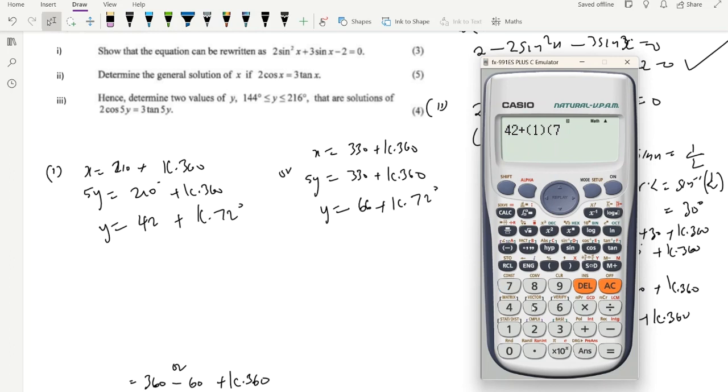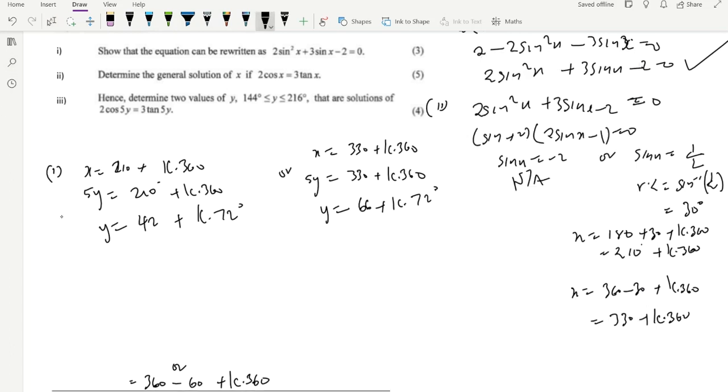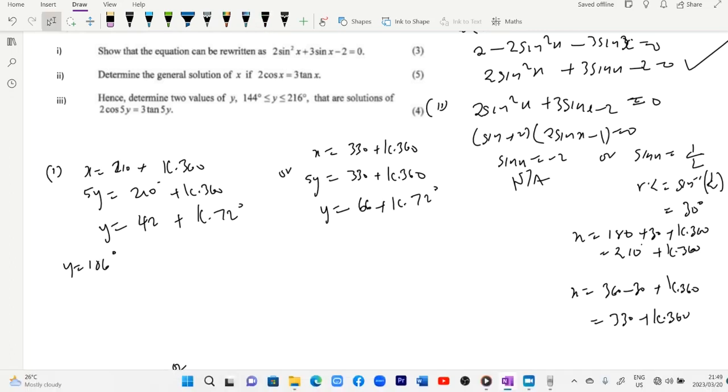Let me start with 0, then 1, which gives 114, still 114, it's not in between 144 and 216. Let me take 2. 2 is 186. Yes, I need 186. It means the first value of y is 186.